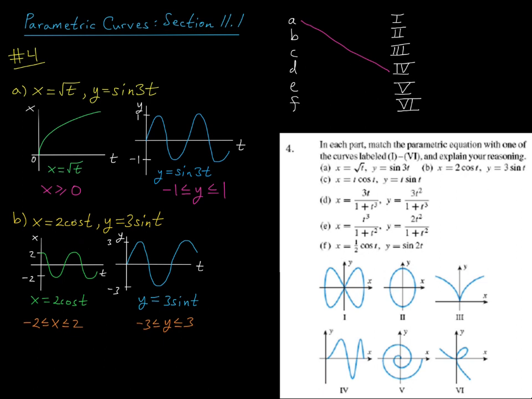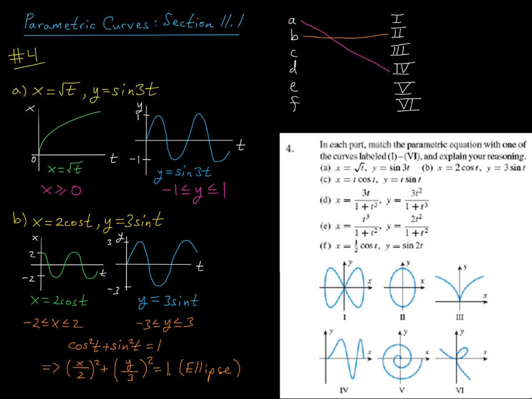And so noticing that x and y are in terms of sine and cosine, like we saw in the last video, okay, the Pythagorean identity can be useful. So what does that say here? Well, cosine of t is x over 2, and so cosine squared of t is x over 2 squared. And likewise, sine squared of t is y over 3 squared.